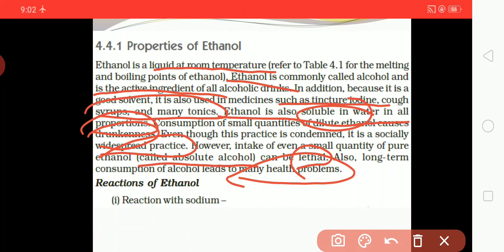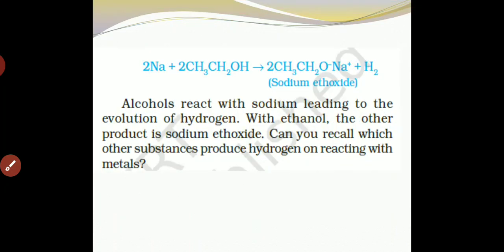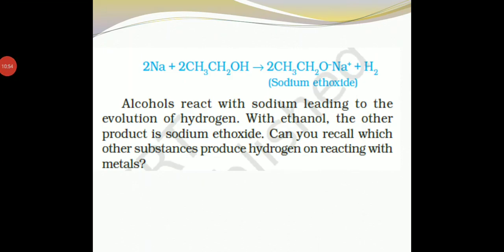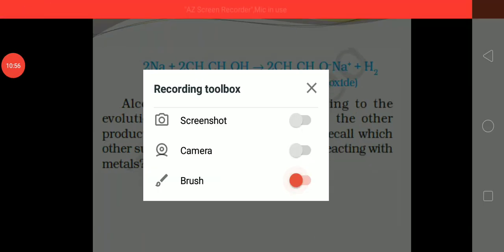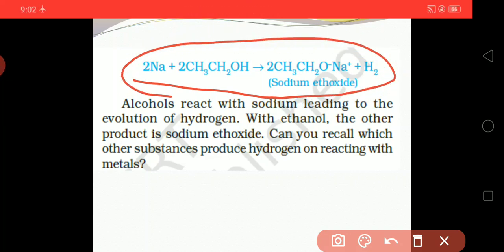Reaction of ethanol with sodium: 2Na plus 2CH3CH2OH gives 2CH3CH2ONa plus H2.